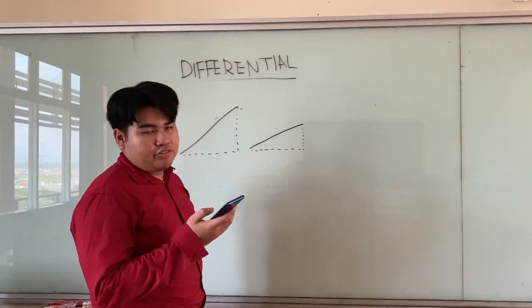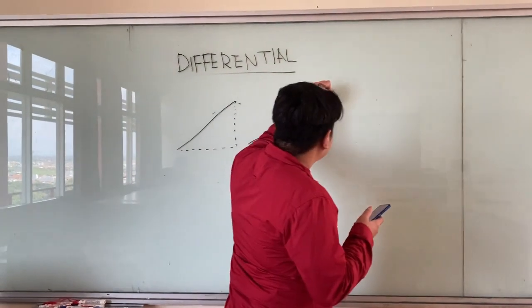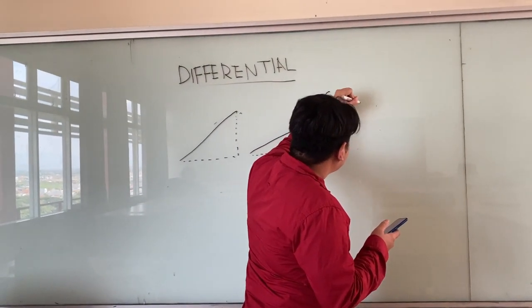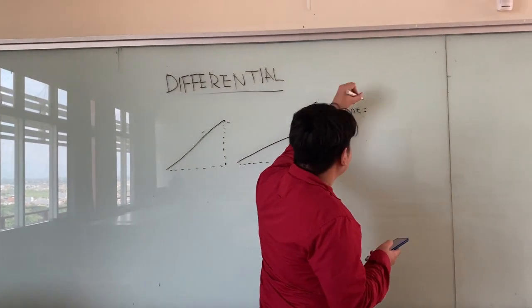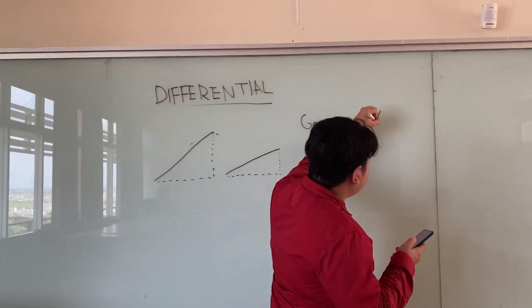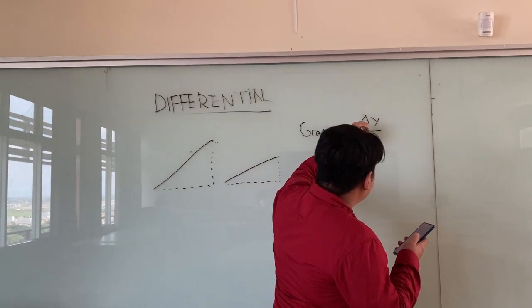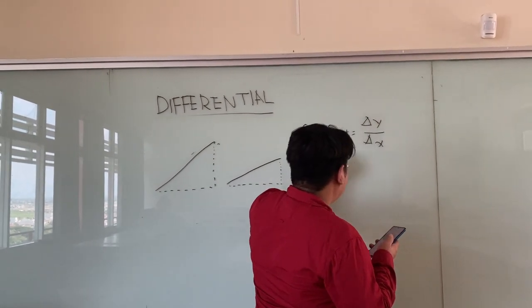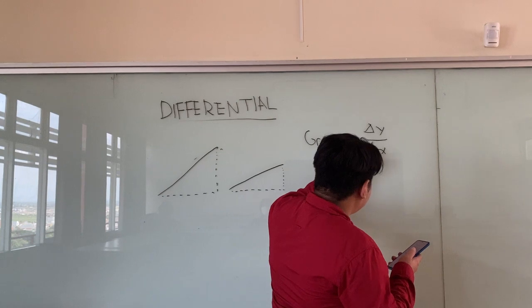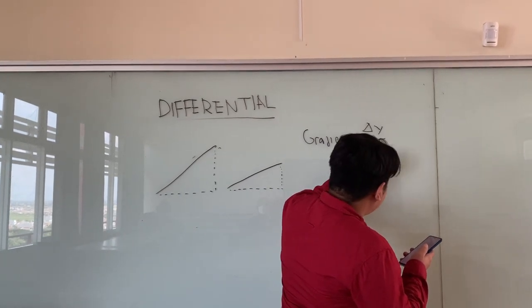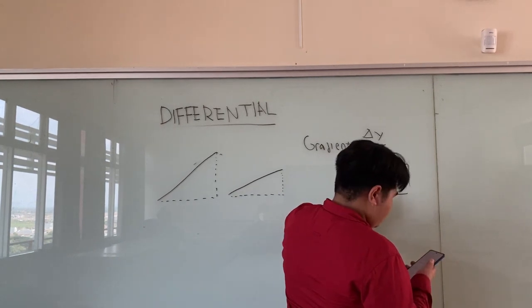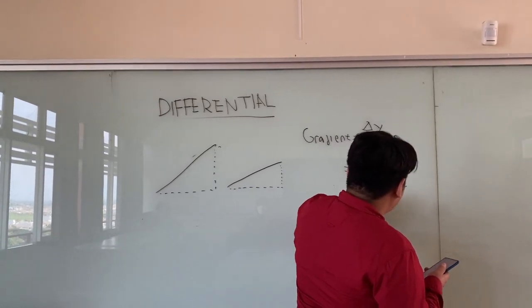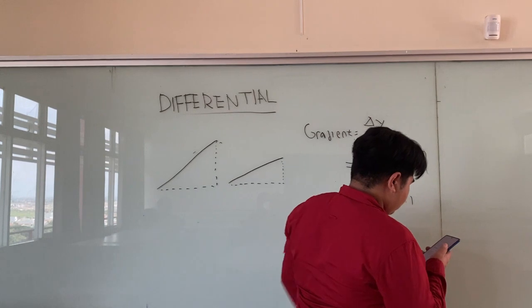So the formula for the gradient is delta y per delta x, or we can also call it like this, y2 minus y1 per x2 minus x1.